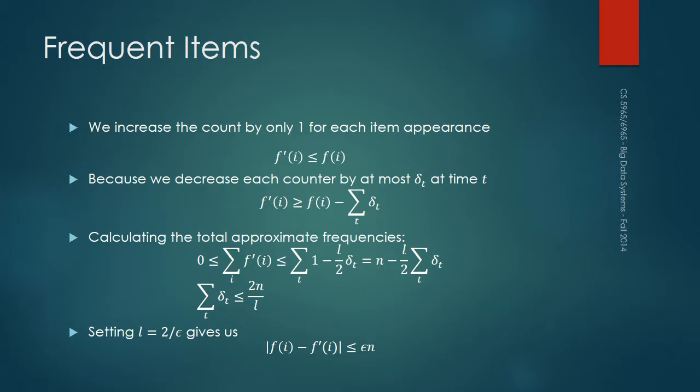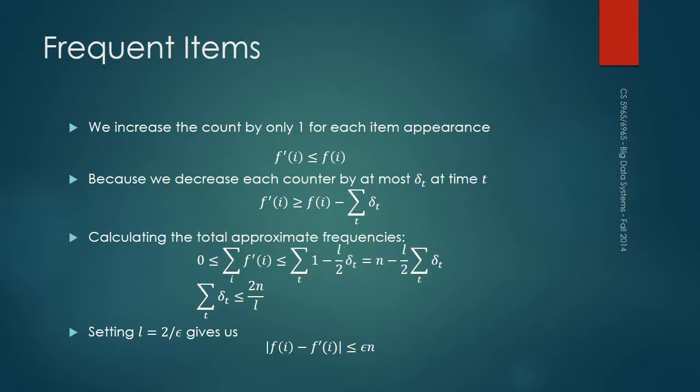So either way, this is going over the class of items that you have and their frequencies, not the total number of items. Now let's write an approximation for f prime of i by visiting all time points.